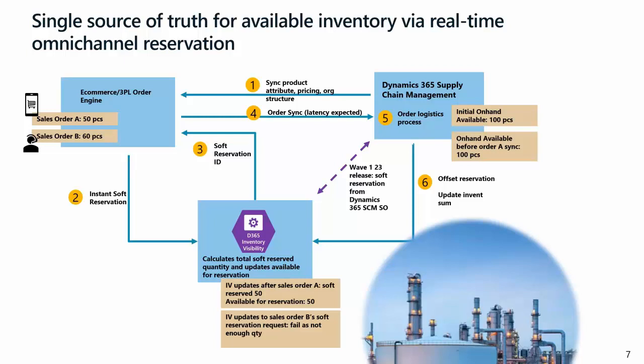Eventually, you may want to replicate and store all your transactions in Dynamics 365 SCM, and when your orders have proceeded to hard reservation, such as reserve physical or even further status beyond hard reservation, then the offset soft reservation will be triggered from Dynamics SCM to inventory visibility.